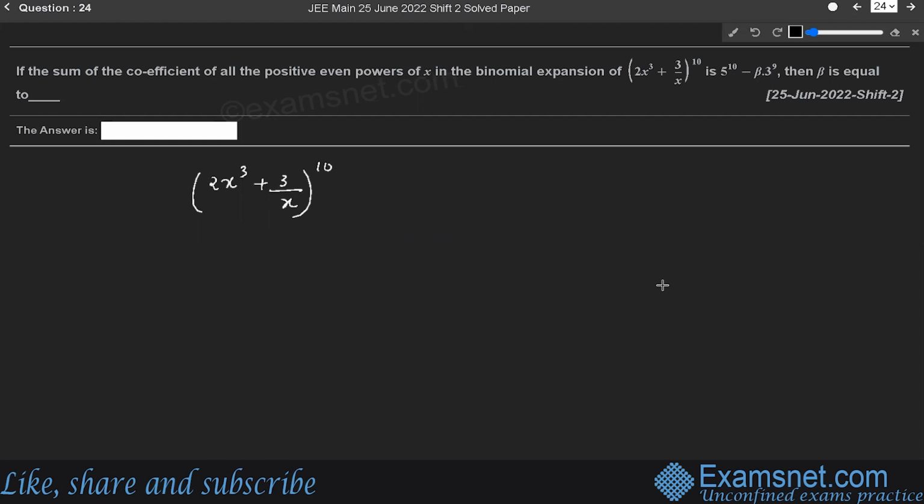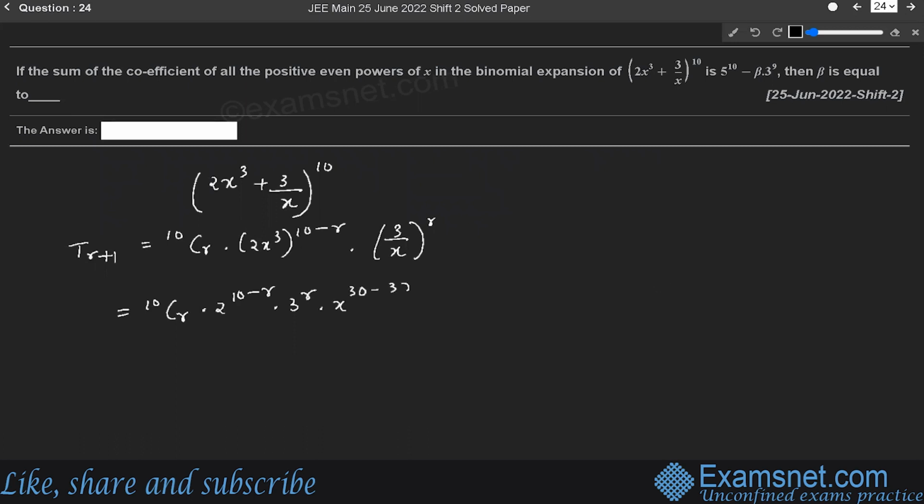We know that the general term T(r plus 1) is equals to 10Cr into (2x cube) power 10 minus r into (3 by x) power r. So this will be equals to 10Cr into 2 power 10 minus r into 3 power r into x power 30 minus 3r into x power minus r.